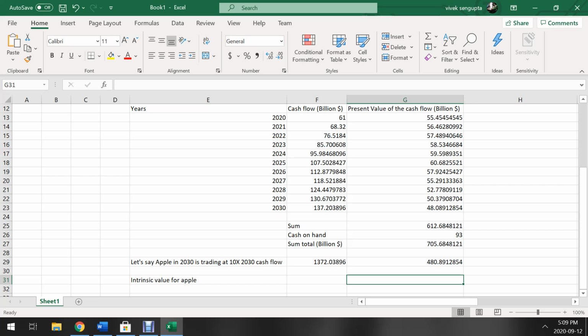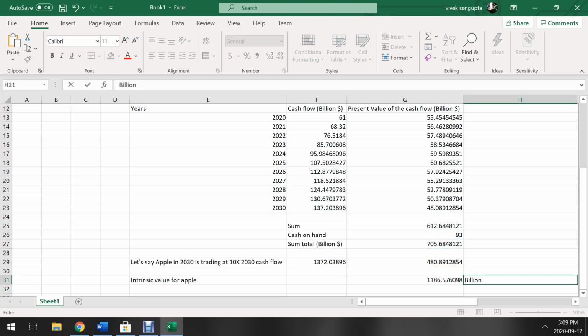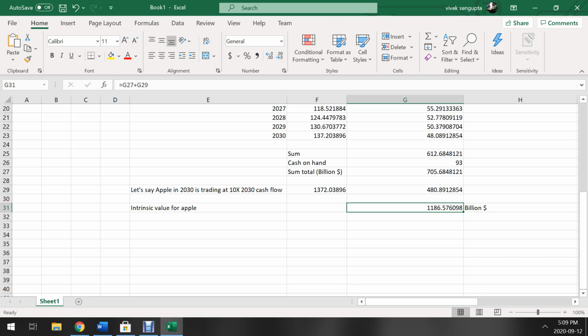So you will have the sum total of this plus this: $705 billion plus $480 billion. So it's almost 1.2 trillion, right? So that's the intrinsic value of Apple.